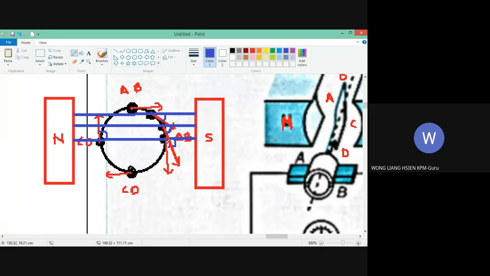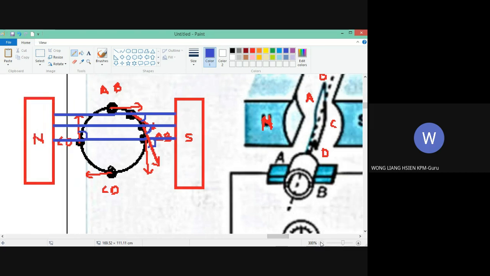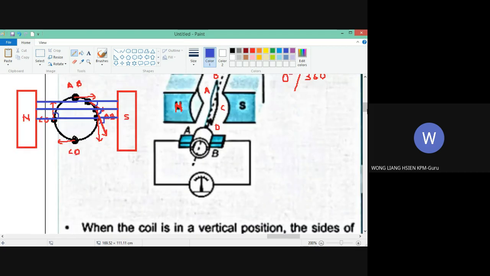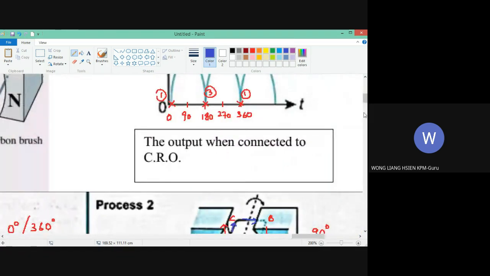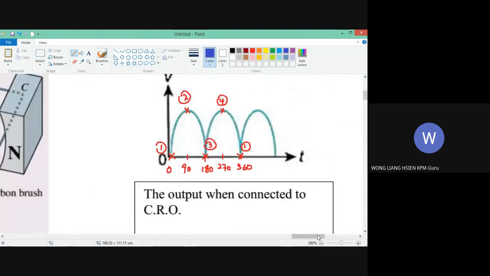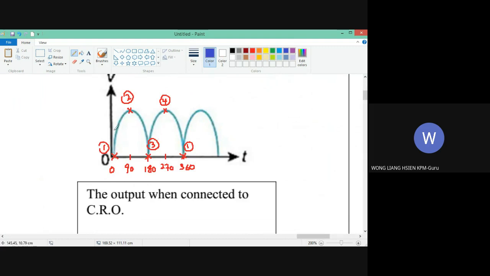Okay, you see or not? Because when it rotates, the angle slowly increases, so it also causes the induced EMF to slowly increase, and it produces a graph in the shape of a curve.